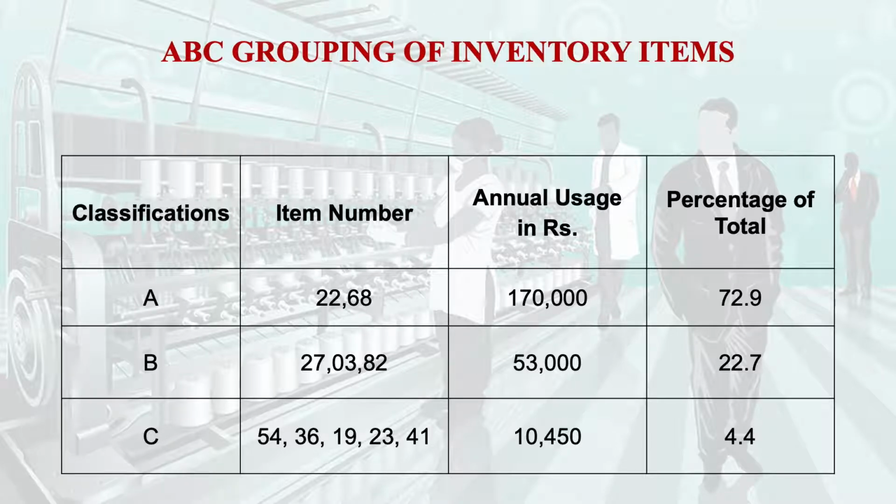Now if you analyze the items under category C, the remaining items 54, 36, 19, 23 and 41 are kept under category C. Total annual usage is 10,450, which is only 4.4% of total usage. So in this way we have categorized the total items into three categories: A, B, C.